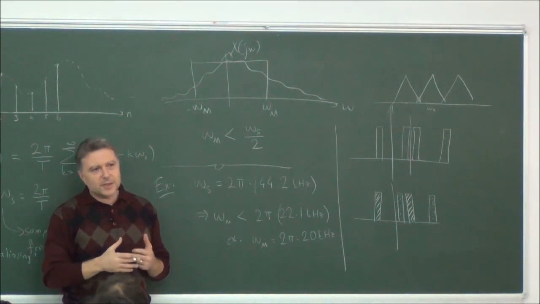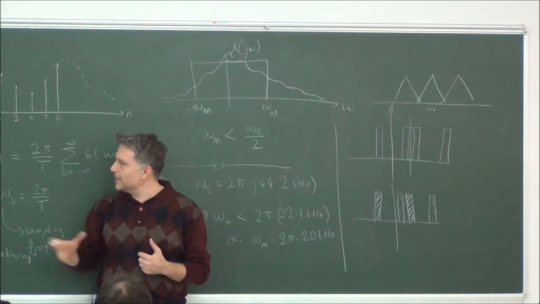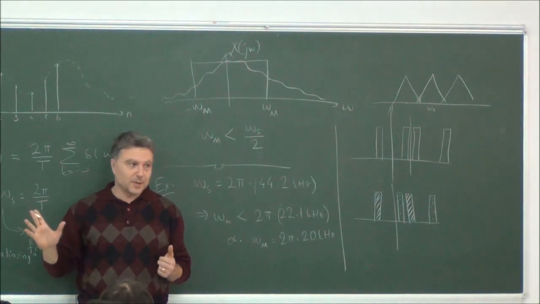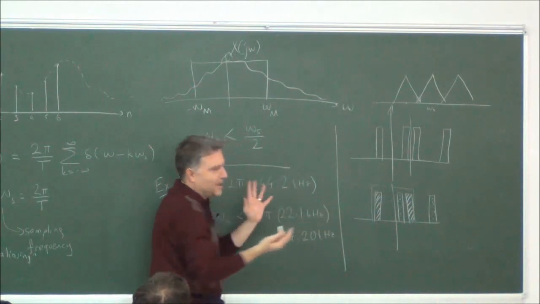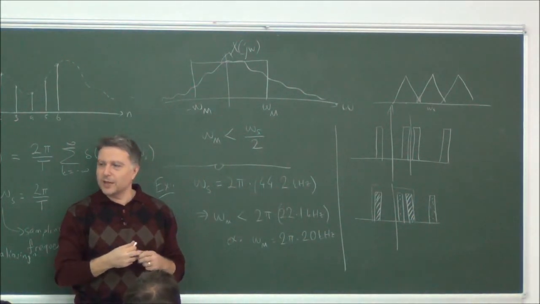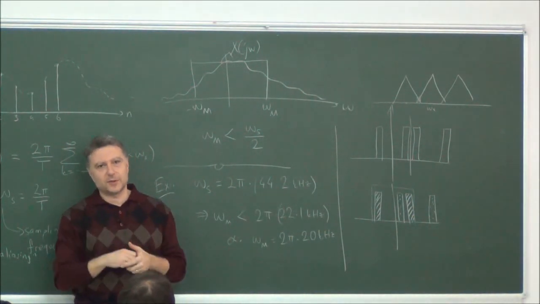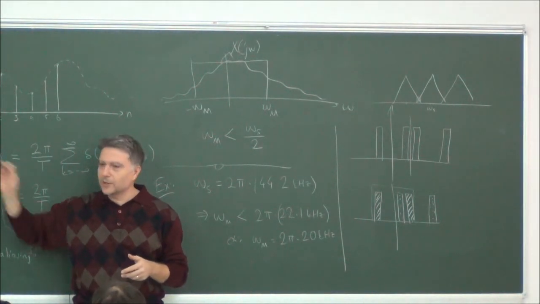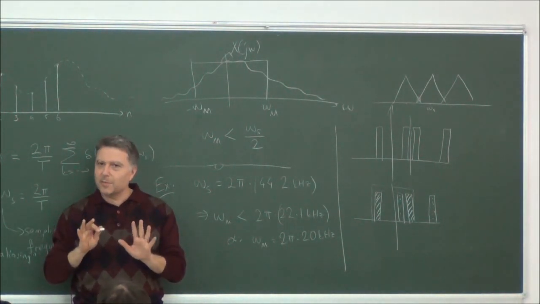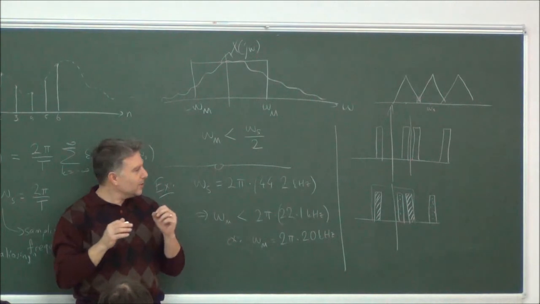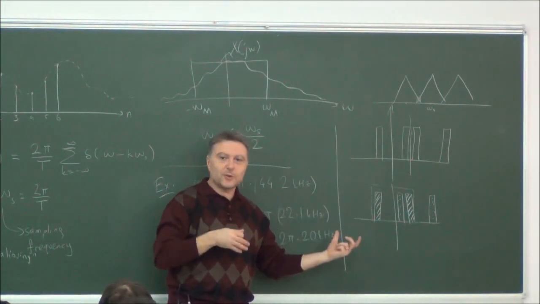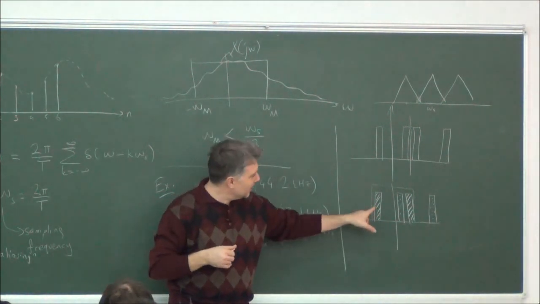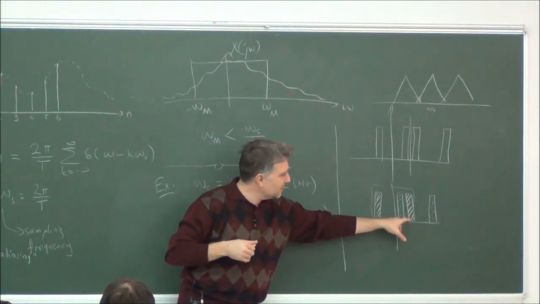Now of course the reconstruction process doesn't mean a low pass filtering, because if you apply a low pass filter you will have everything, some junk. You have to apply a band pass filter for the reconstruction from digital to analog conversion, but we don't care about how to do that. We only care about whether it is possible or not to isolate this band limited signal.